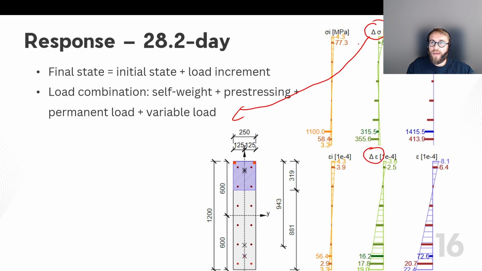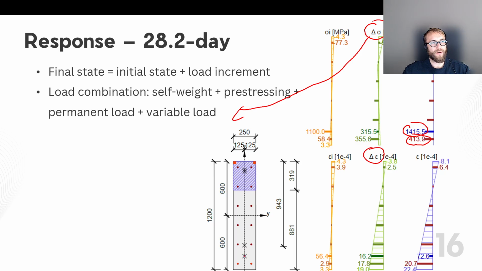Once we have it, you are able to observe that here is approximately minus 10.9 megapascal, and here is 413 or 414 megapascal in the rebar, and there are also increments in the stresses on the tendons. So as you can see, that's working really well.